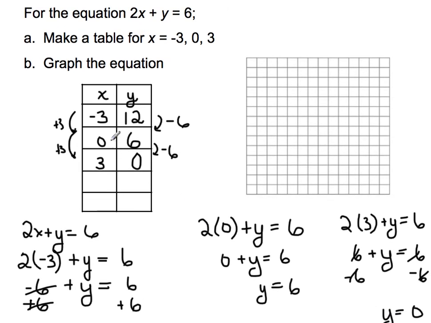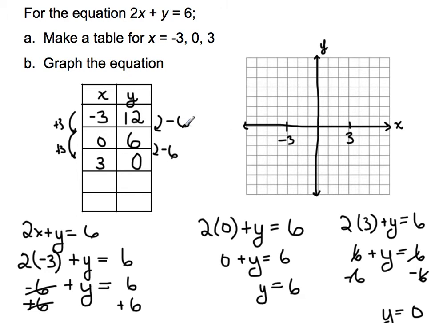Now that I have my data values, I go and graph my linear relation. Since I have negatives, I'm going to put my axes in the middle of my grid. Remember to label your axes. So I have an x and a y. And I'm just going to label what I have. -3, +3, here's my 0.